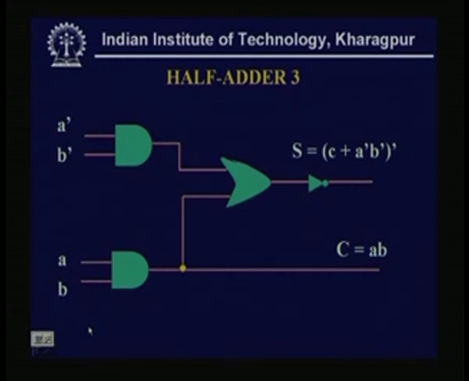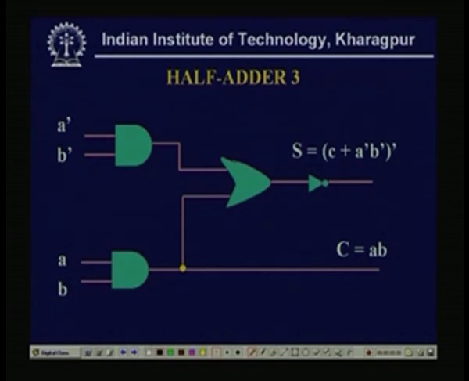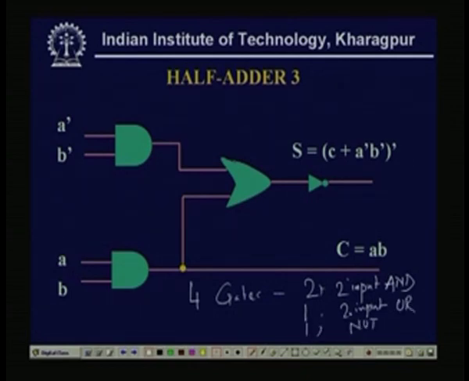Now, see here only 4 gates are needed. So, if we do this type of realization, then my half adder circuit takes only 4 gates: 2 input AND gates, 1 2 input OR, and 1 NOT. So, total gates are only 4.